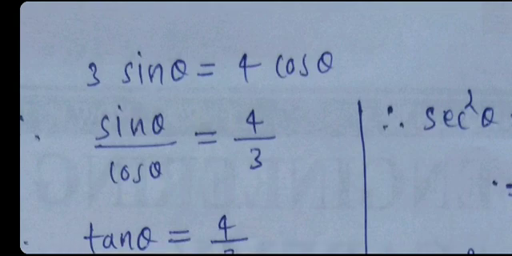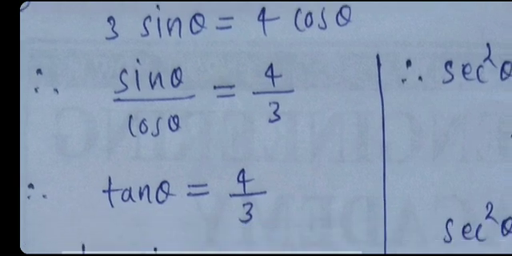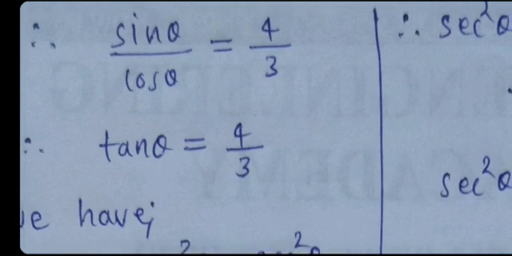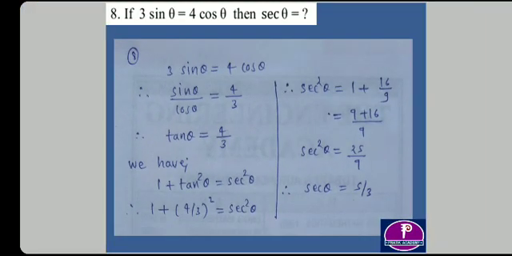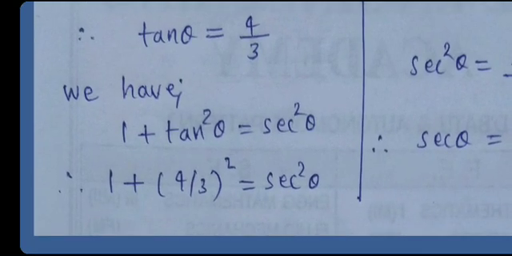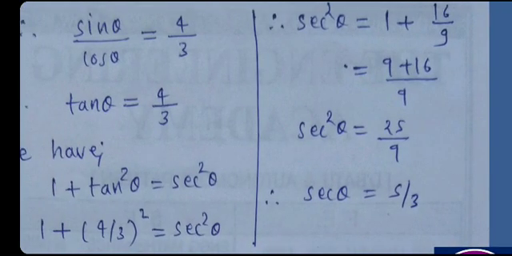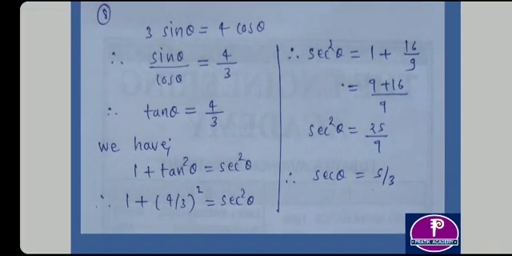After adjusting, we get sin upon cos theta is equal to 4 upon 3, but sin upon cos is tan theta, so tan theta becomes 4 upon 3, and we have the relation 1 plus tan square theta is equal to sec square theta. Put the value of tan theta here. Then it becomes sec square theta is equal to 25 upon 9. Taking the square root, we get sec theta is equal to 5 upon 3.